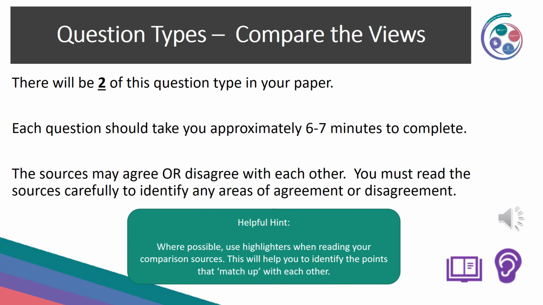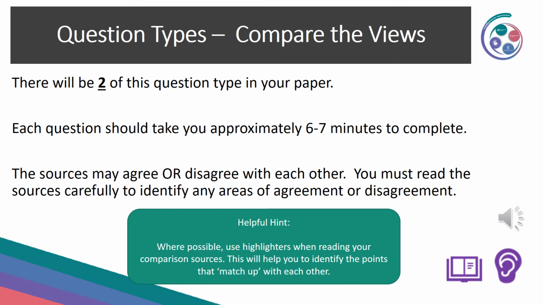We're now going to turn to our last source question, which is compare the views. This is an entirely skills-based question. Your knowledge will help you to understand what the sources are about and make it easier to identify the comparisons. But you will not need to use recalled knowledge at any point of your answer here.